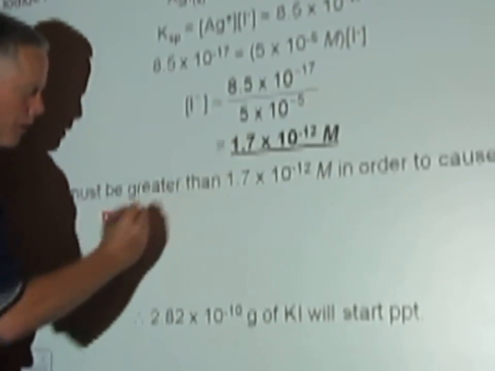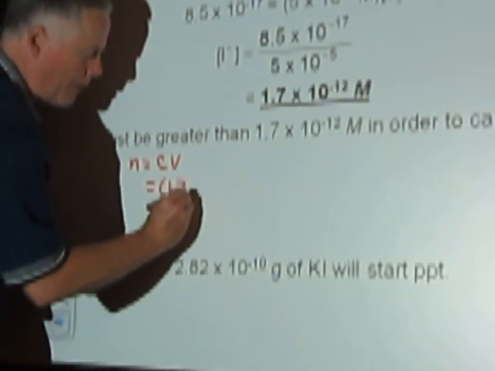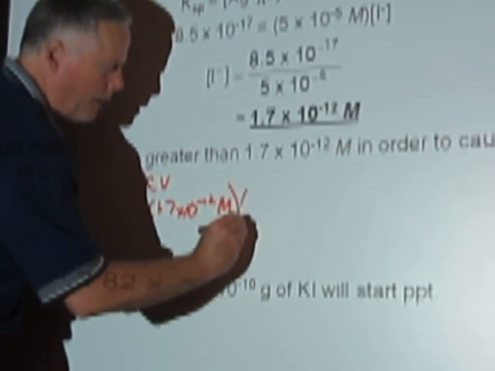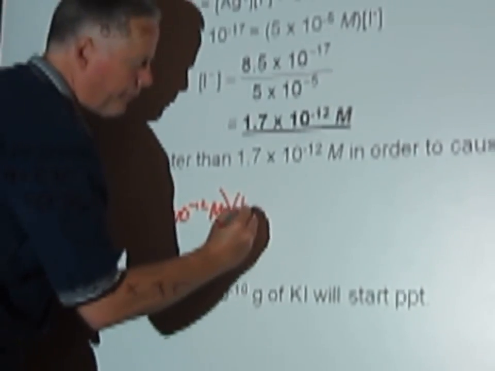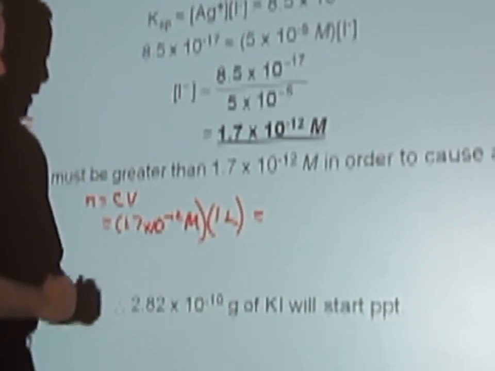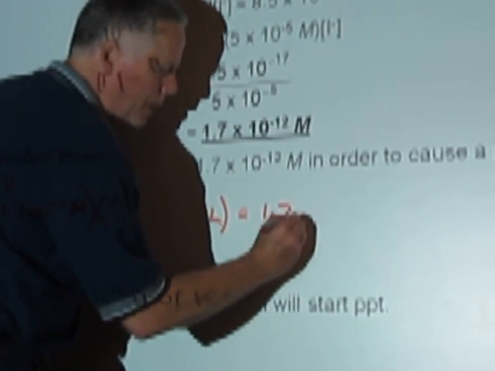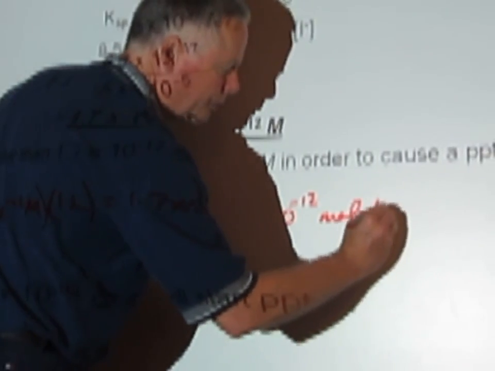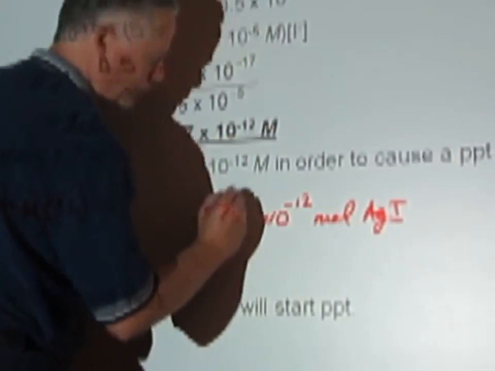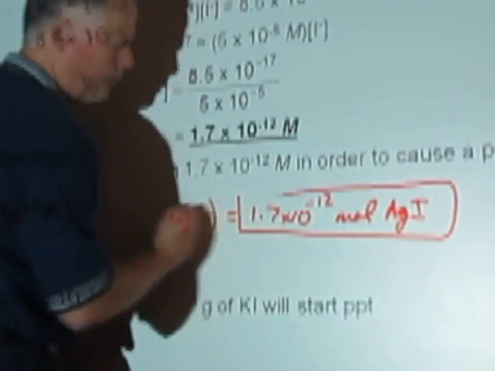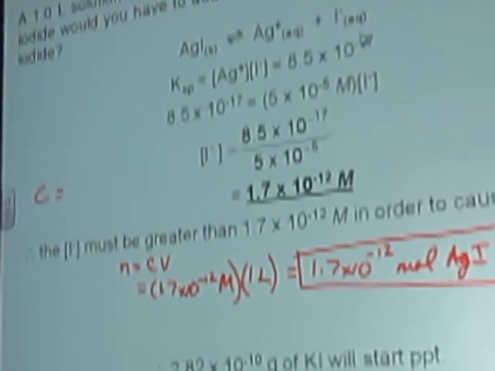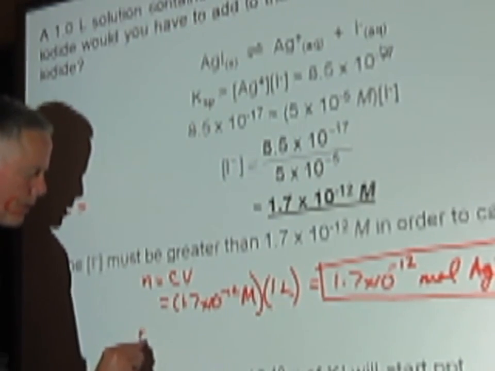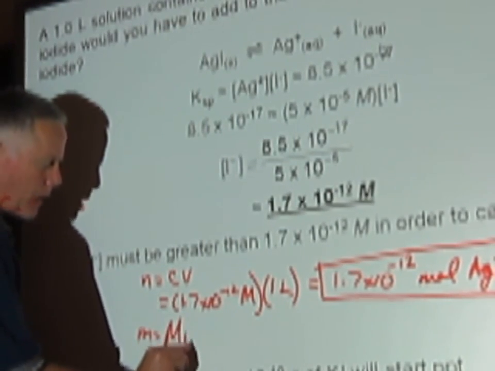The concentration of silver iodide is going to be 1.7 times 10 to the negative 12. And my volume is 1 liter. So that means that my number of moles is 1.7 times 10 to the negative 12 moles. Now I got to find the mass based on that number of moles. The mass is equal to the molar mass times the number of moles.